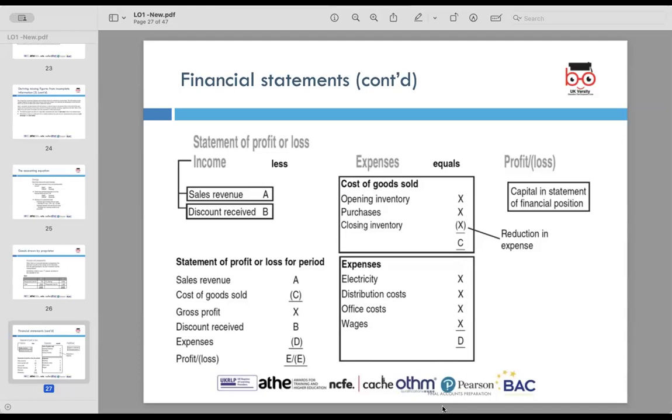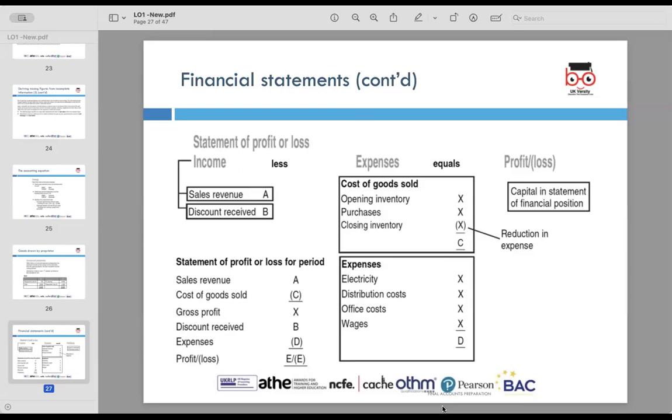So, implications of the statement of profit or loss. Financial performance: it provides a snapshot of how well the business has performed in terms of generating revenue and managing expenses during the period. Decision making: stakeholders use the statement to assess the profitability and financial health of the business, aiding in the decision making process.